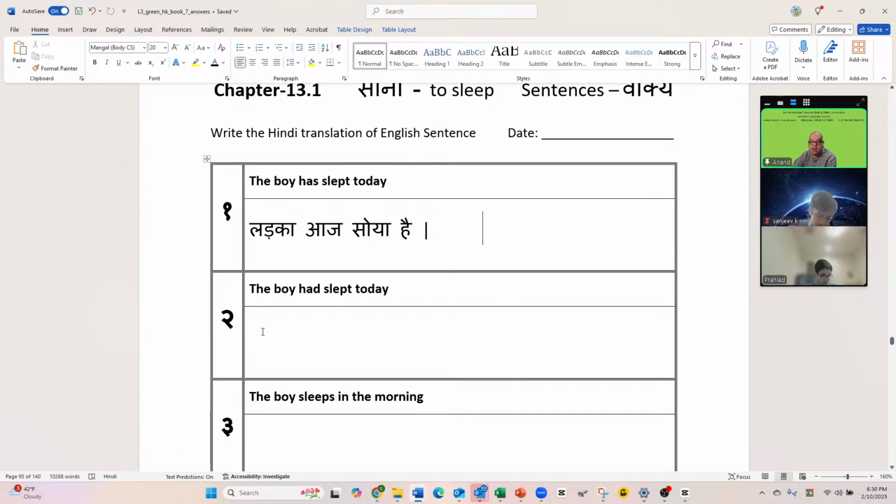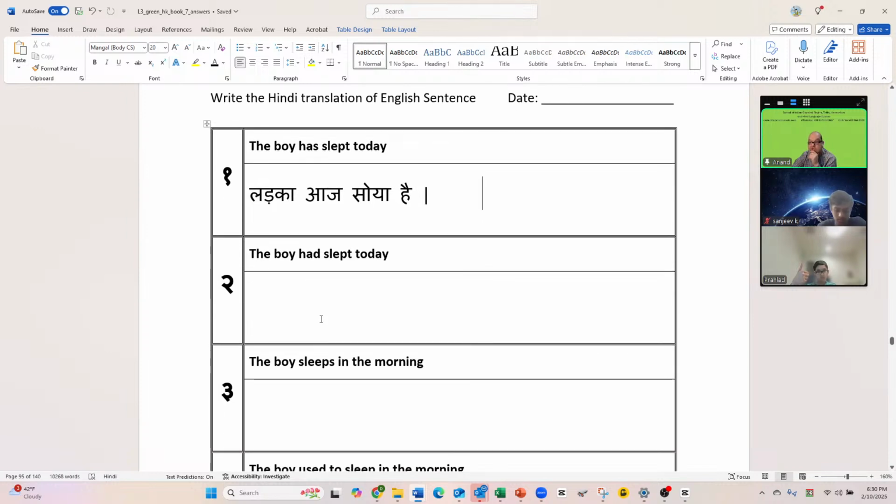Okay. Show me your thumbs when you're done writing. Okay. So next sentence, Prahlad, let's continue to work.